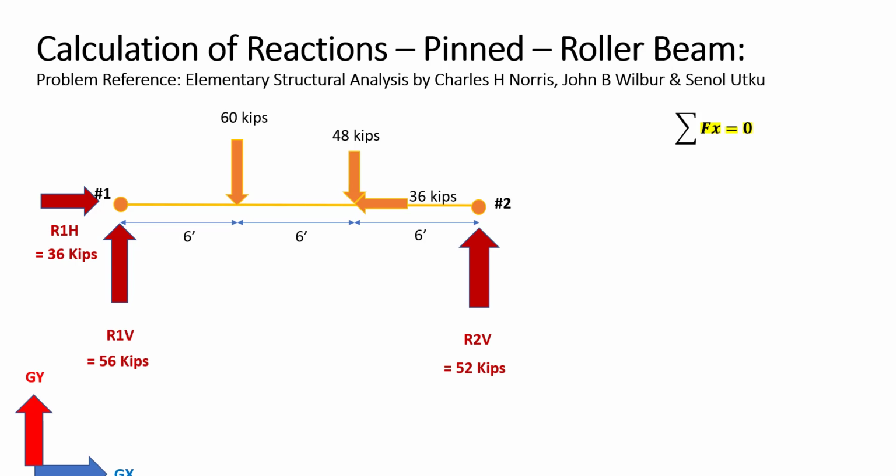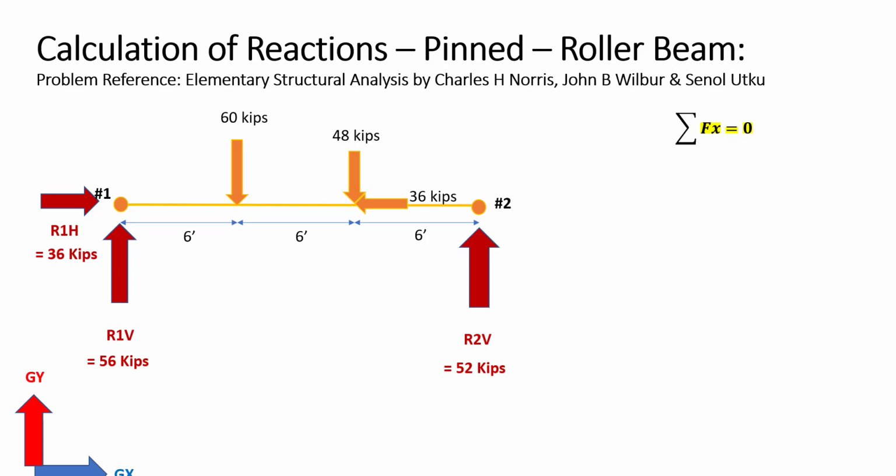So we will assume the unknown reactions, R1H, which would be the horizontal reaction at node 1, R1V, which would be the vertical reaction at node 1, and R2V, which would be the vertical reaction at node 2, in their positive directions. Now, why are there two reactions at node number 1 and only one reaction at node number 2? This is because node number 1 had a pin support and node number 2 had a roller support.